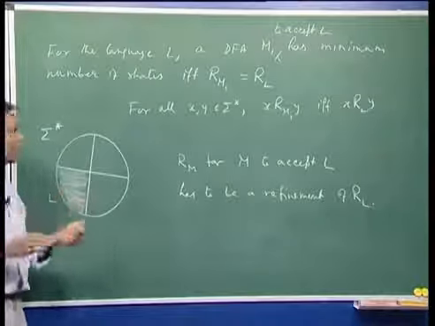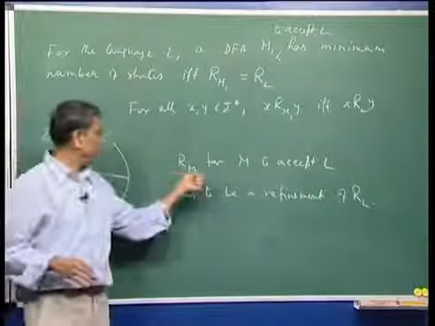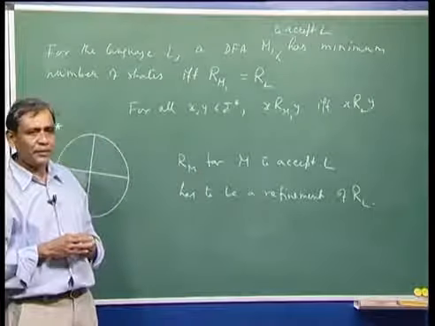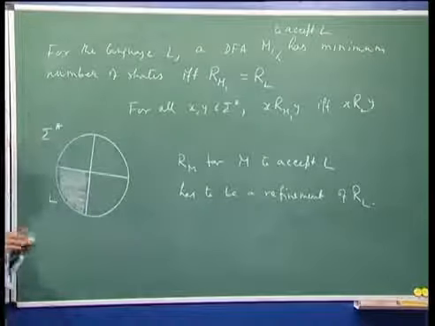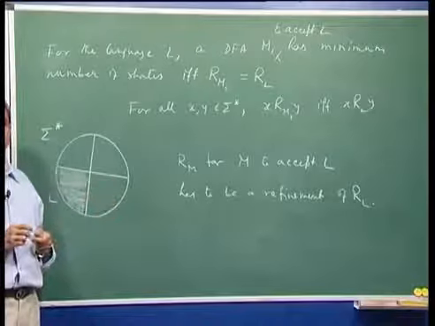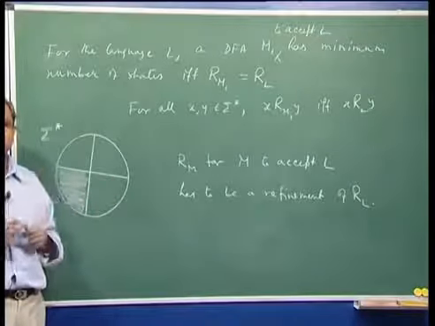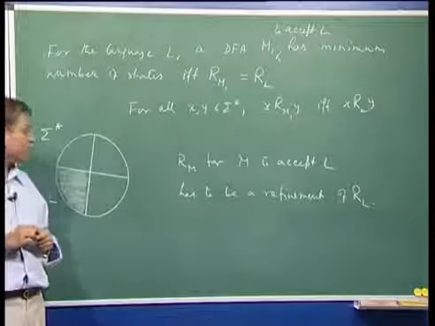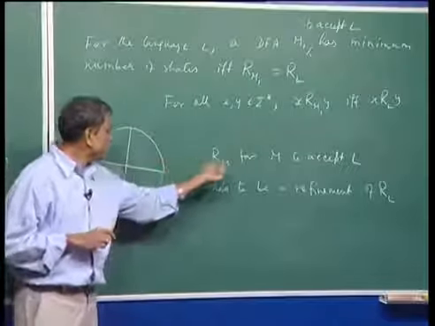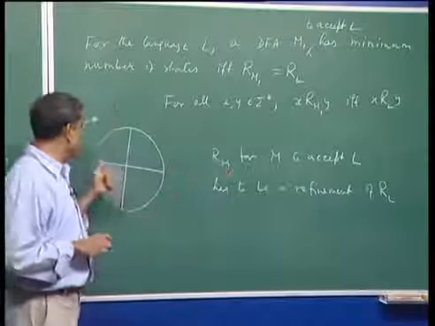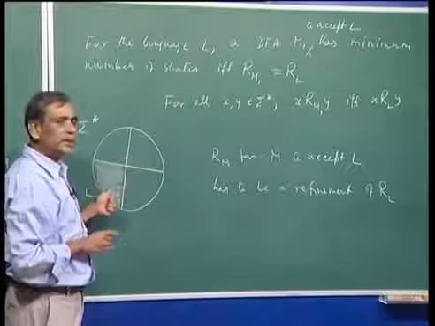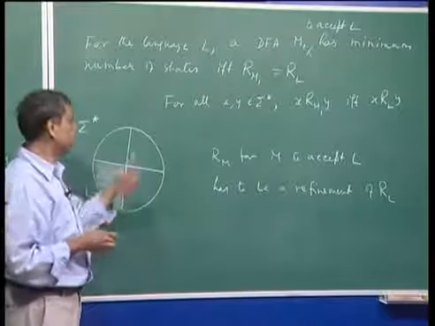Actually, I should have said zero or more, because if M is your best machine, then RM equivalence classes will be the same as RL equivalence classes. So, if the machine M does not have the minimum number of states to accept the language, then RM will essentially break up some of the equivalence classes.